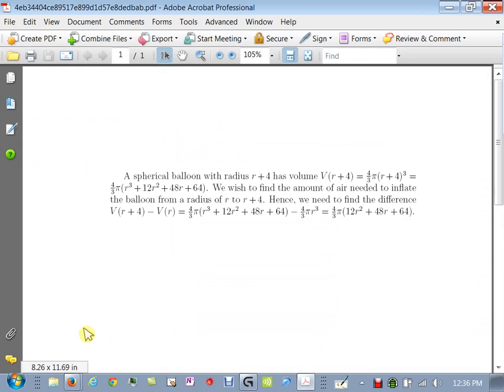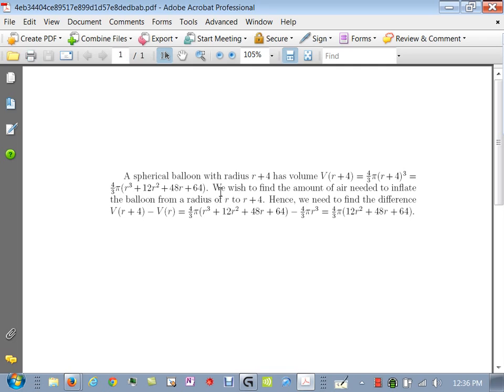A spherical balloon with radius r has volume V of r, and radius r plus 4 has volume V of r plus 4. So if we plug r plus 4 in instead of r, and we expand this out, that means we multiply that all out, we get this, and we have the 4/3 pi in front.